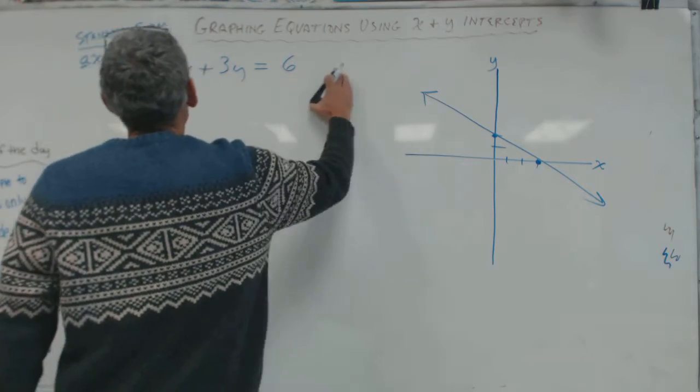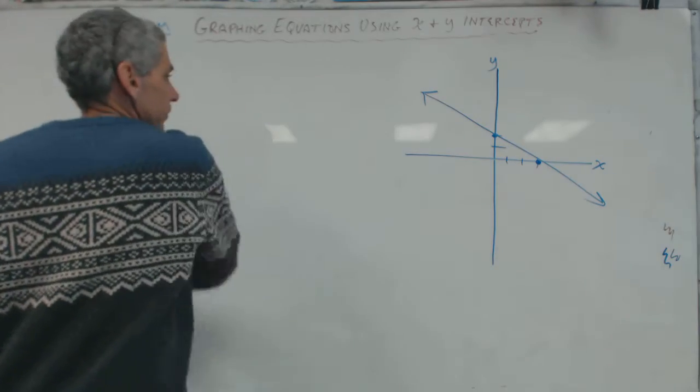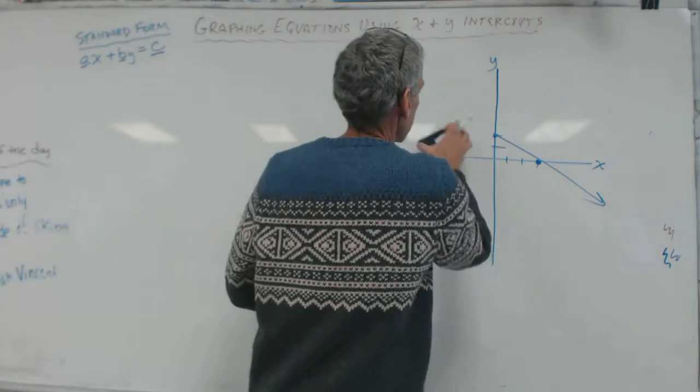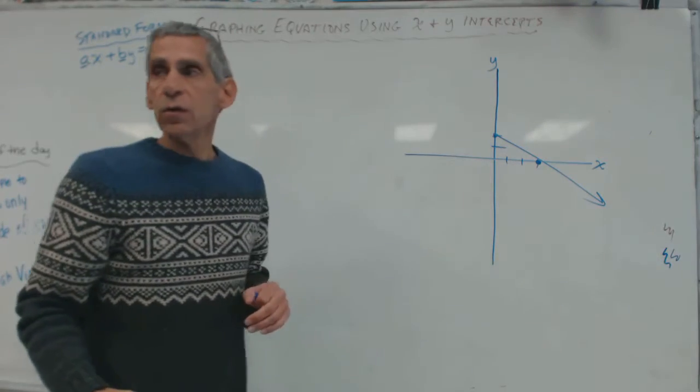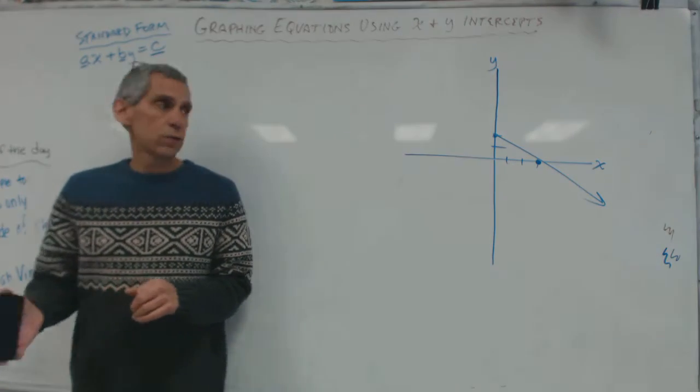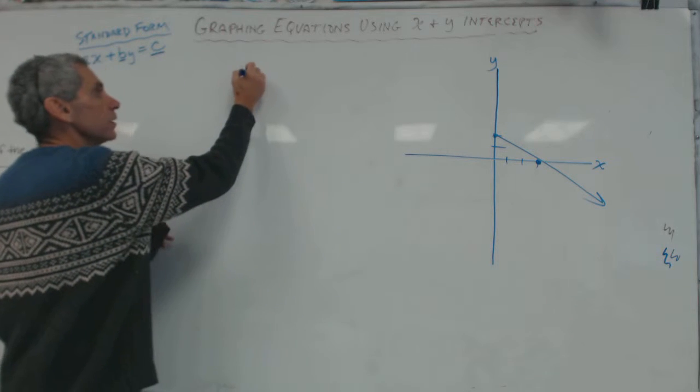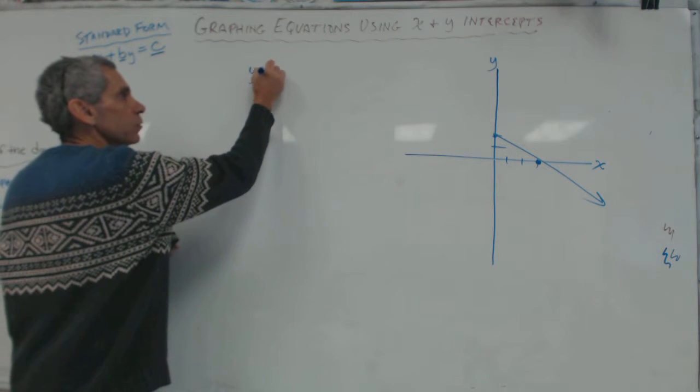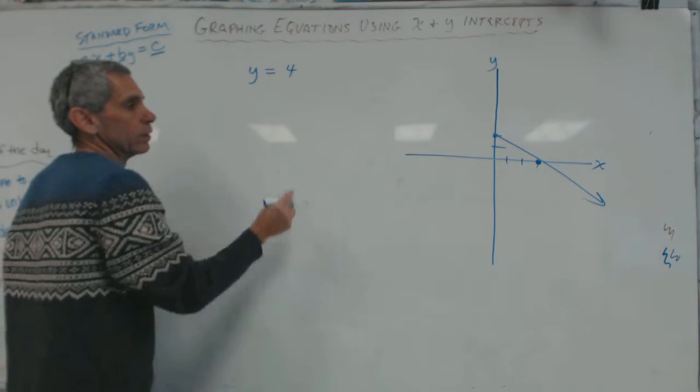Gary, can you have a line that goes either directly horizontal or directly vertical? You can have lines that go directly horizontal, but remember, they're going to be like this: y is equal to 4.